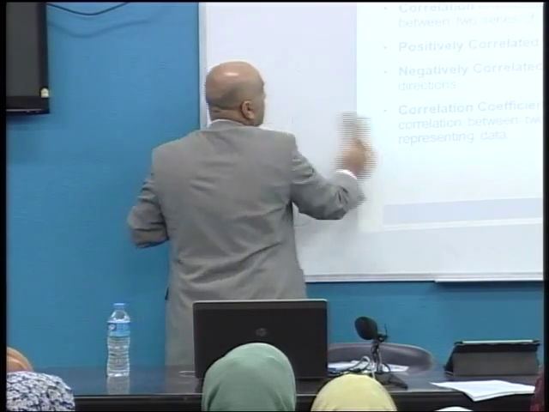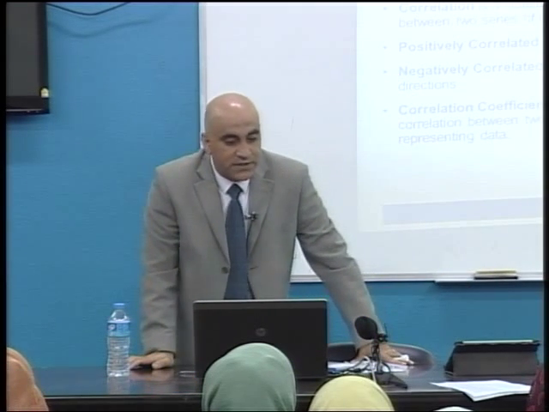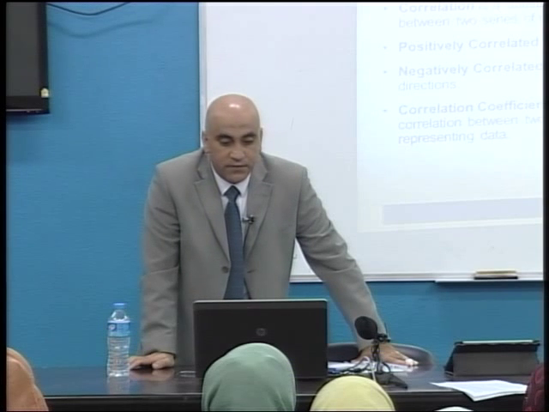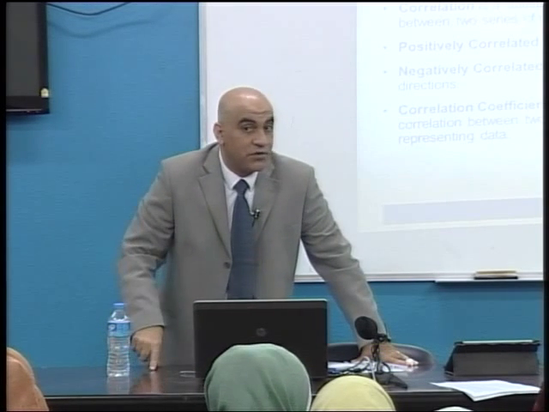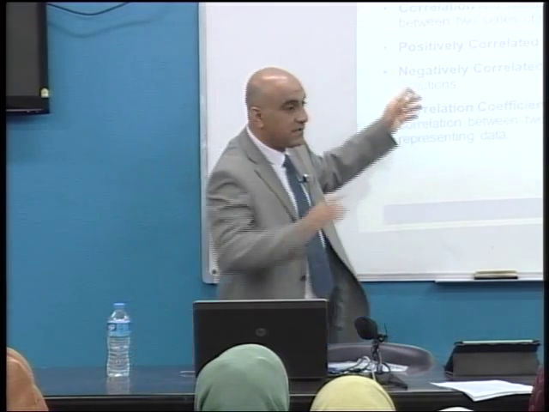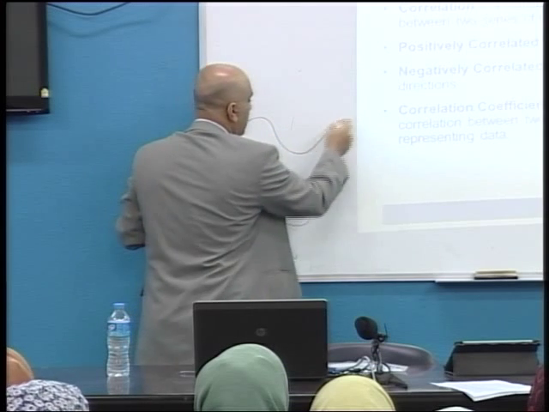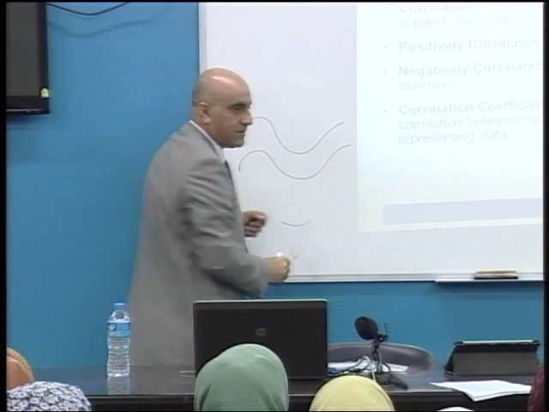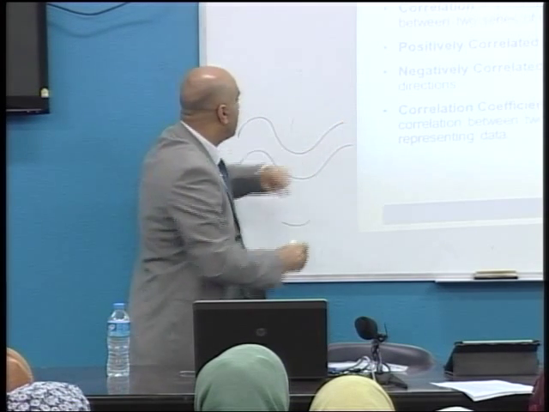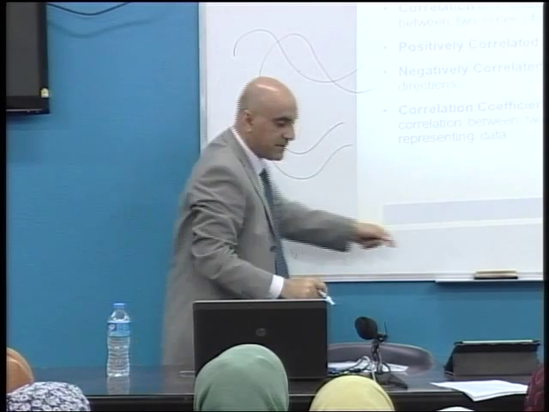Okay? Now, the correlation is a statistical measure of the relationship between 2 series of numbers representing data, in particular for sigma. Okay? Positively correlated means moving together, like this. If we have stock A and stock B moving like this. And negatively correlated is like this, moving against each other.